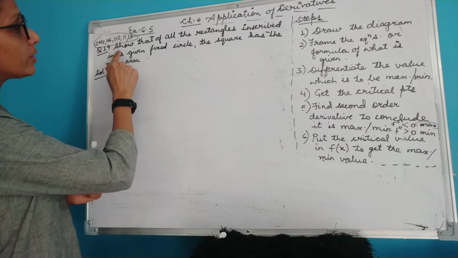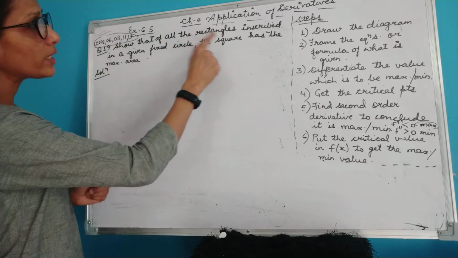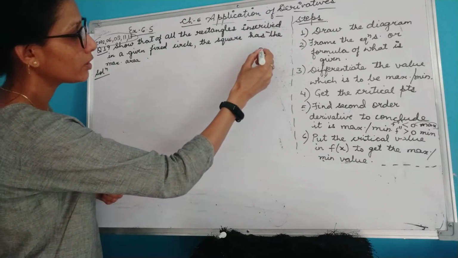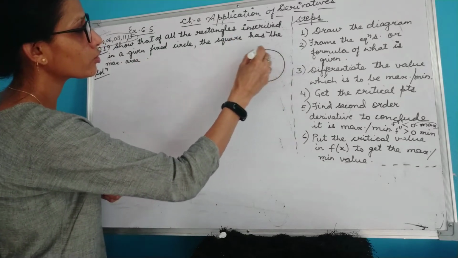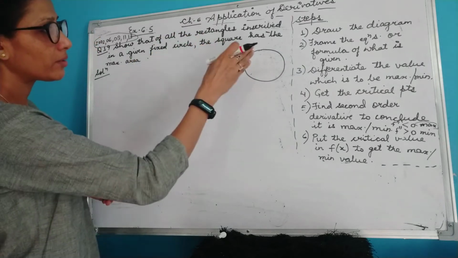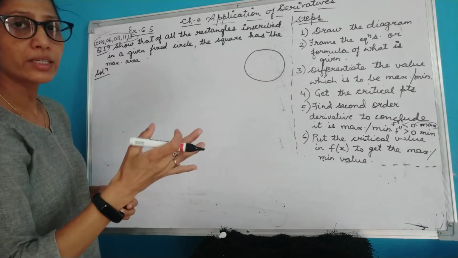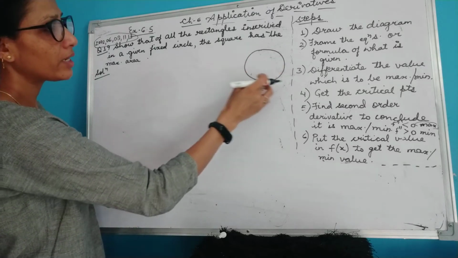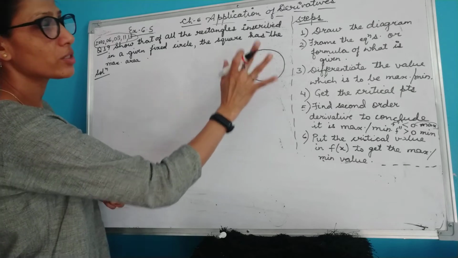It is given here, show that of all the rectangles inscribed in a given fixed circle, so let this be your fixed circle, and there can be many rectangles of different length and breadth. We can inscribe any rectangle in this circle.